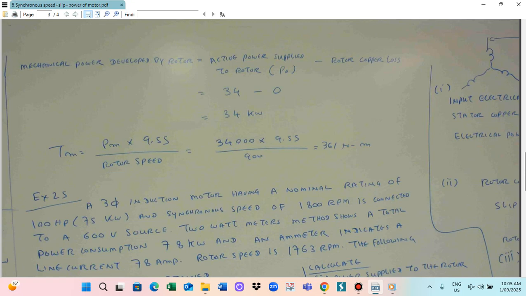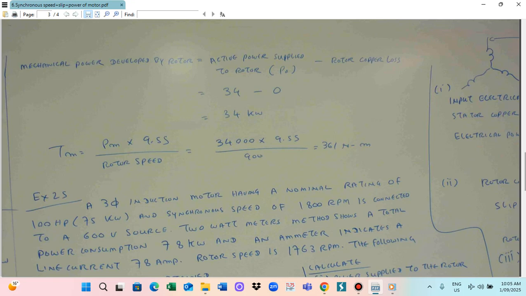The Pm we already calculated as 34 kilowatt, so 34,000 multiplied by 9.55, and the rotor speed is 900. So you calculate it as 361 Newton meter. So this is the torque calculation.